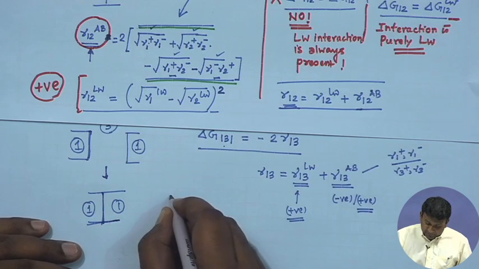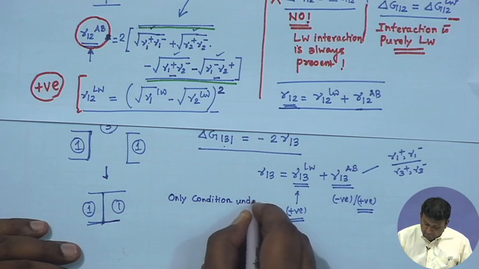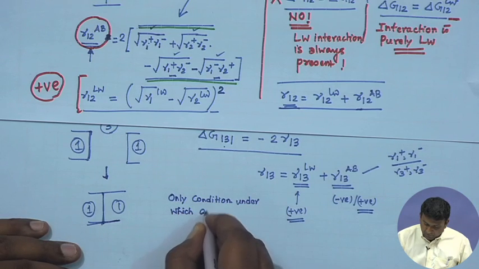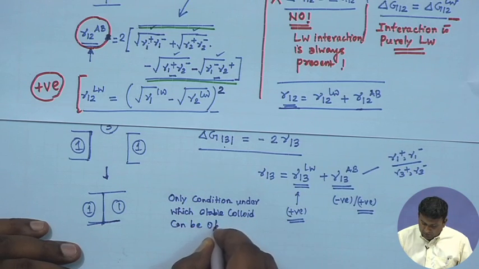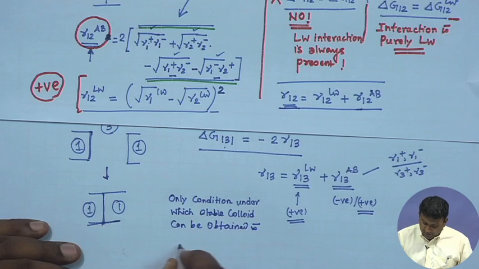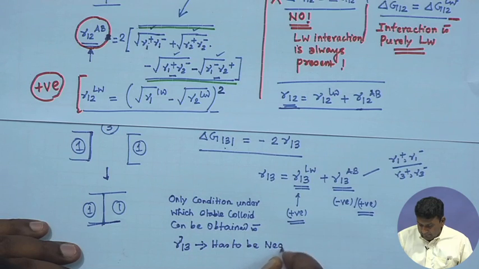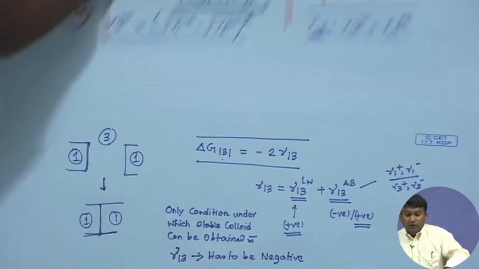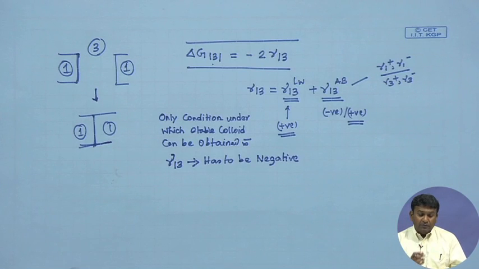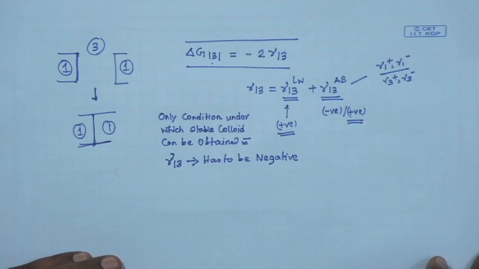So, the only way is gamma 13 as a whole has to be negative, because if it is negative only then delta G 131 will become positive, and therefore, what would it mean that the two surfaces, the two colloids of 1 will thermodynamically be no longer favored to come in contact.